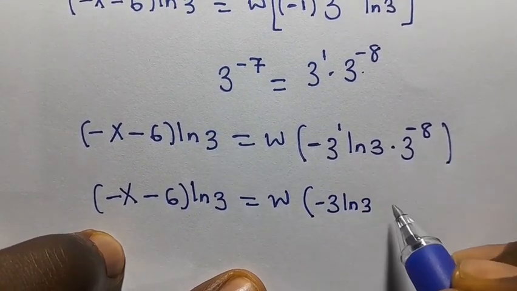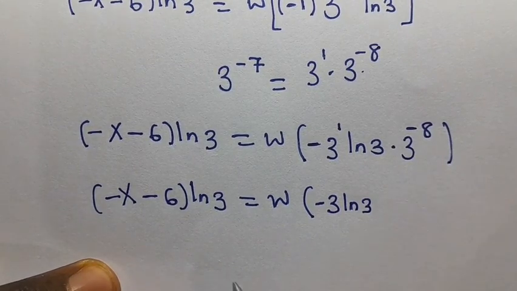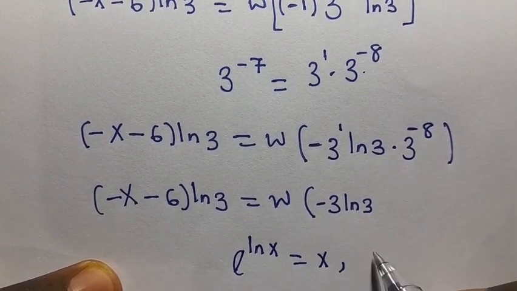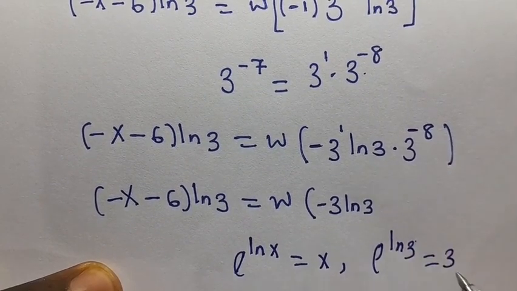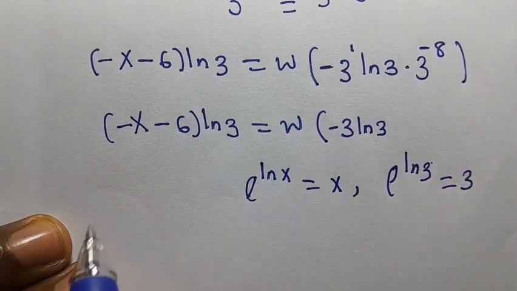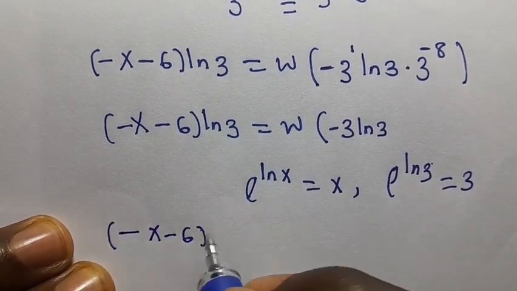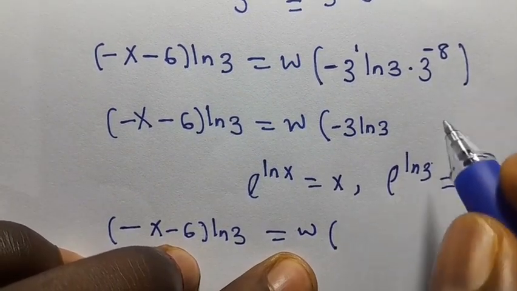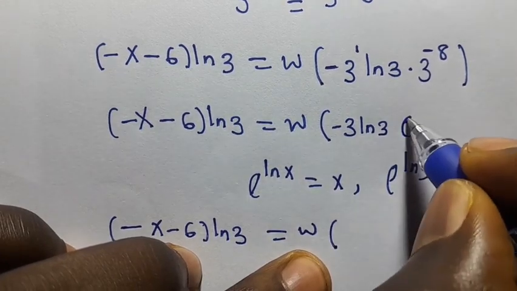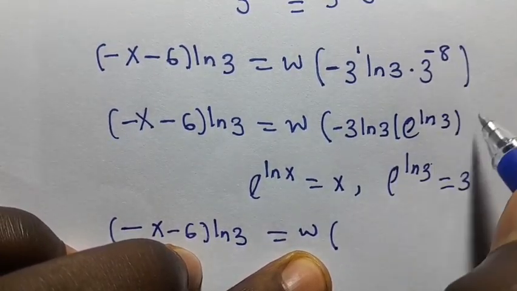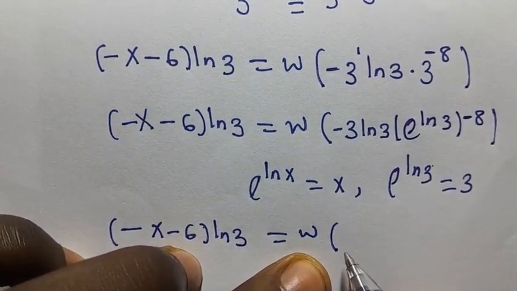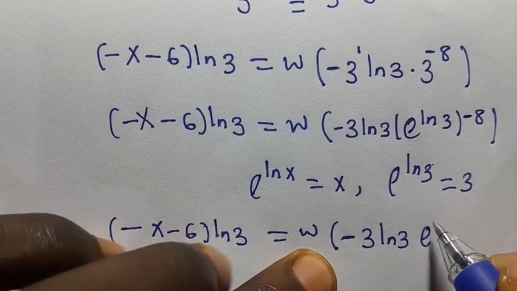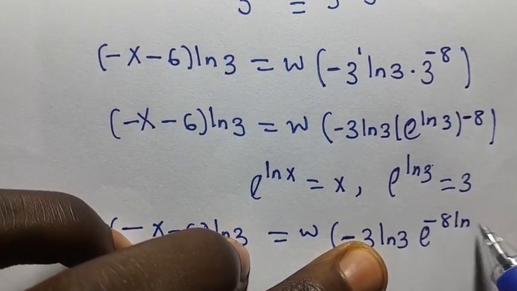minus 3 ln 3. Now for this, we know that when you have exponential ln x equals x, so therefore when you have exponential ln 3 will equals 3, substitute here, we are going to have minus x minus 6 ln 3 equals, we can substitute this one here, ln 3 then multiply by minus 8, and this one will now be minus 3 ln 3 exponential, we have our minus 8 then ln 3.